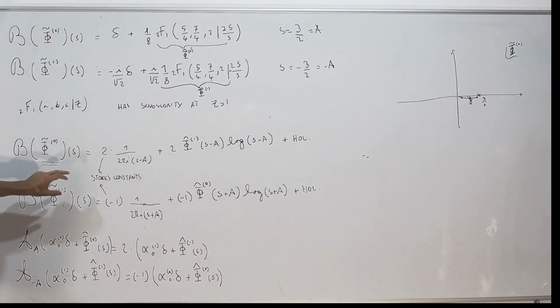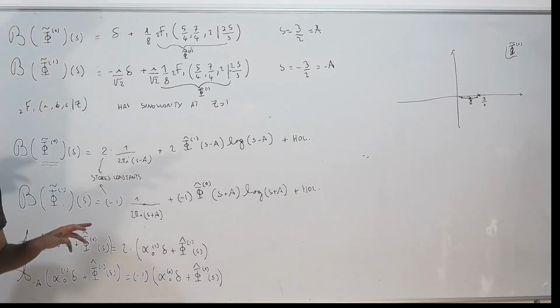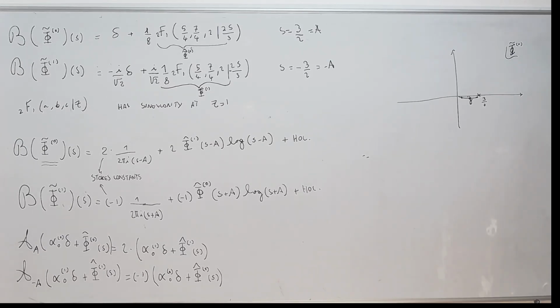Therefore, we can say the coefficient in front of this singularity is 2, and in front of this singularity is minus 1. But in general, these numbers are not easy to compute, and one often has to rely on numerical methods. So is everything clear so far? Are there any questions?